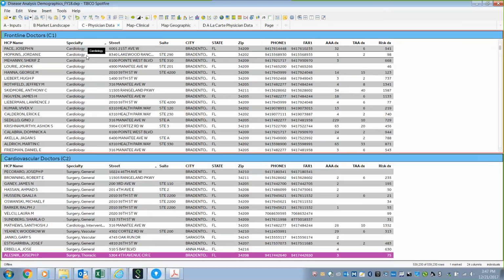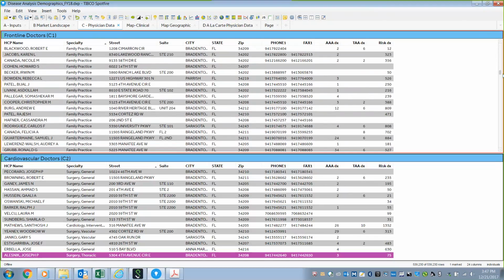So cardiologists, some cardiologists treat patients and some don't. Some are interventional cardiologists. They're more likely to treat the patients. But with some of the specialties, you just don't know if a doctor is fully boarded and has the right specialty for what their practice is. So I left cardiologists in the frontline doctor group, even though in some cases they may actually belong down here.